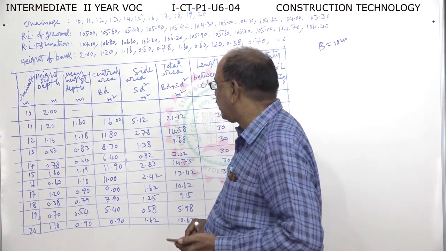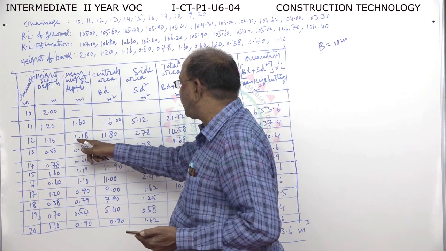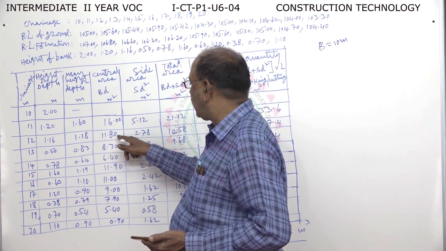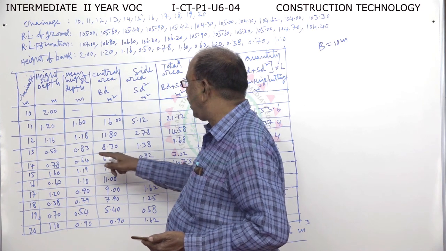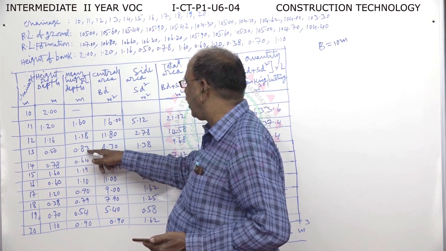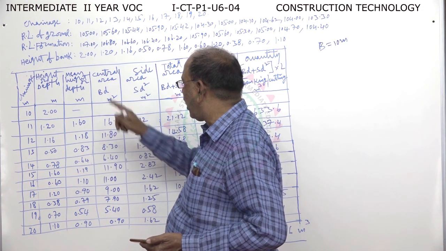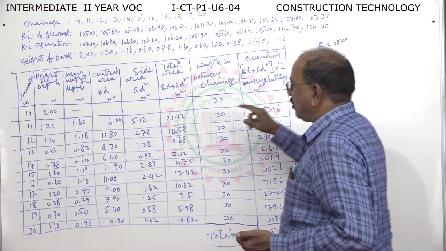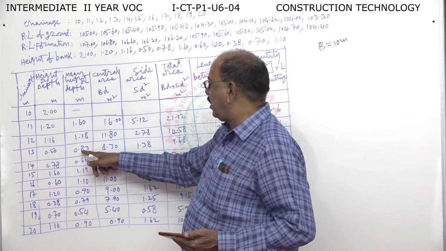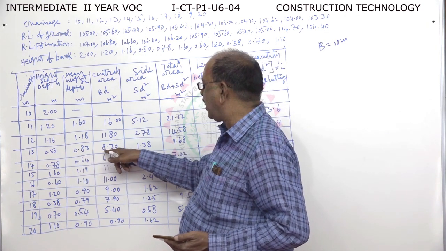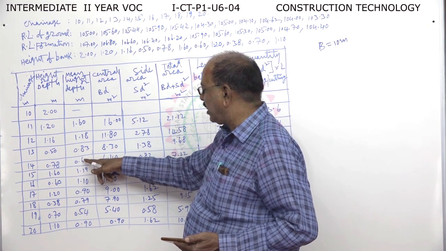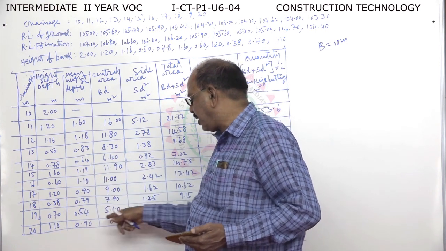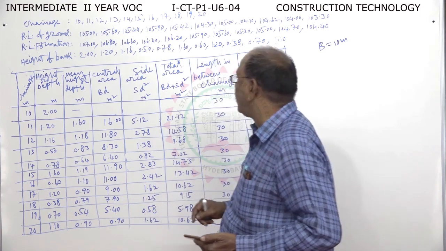Understood? So next, 1.18 into 10. That is 11.80. Next, 0.83. This 0.83 is the D value. B is 10 meters, as given. So 10 into 0.83 is also 8.30. Like that, multiply all of them by 10 and these values come. Till the 20th chainage you calculate and you will get this.